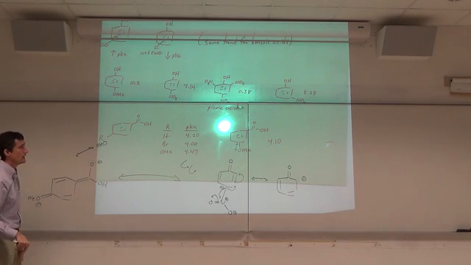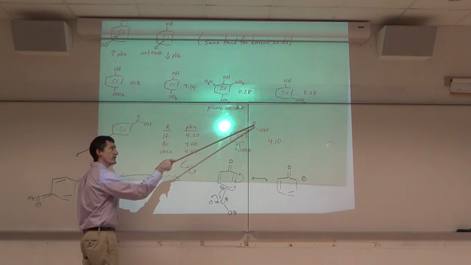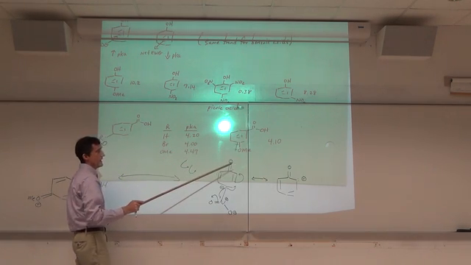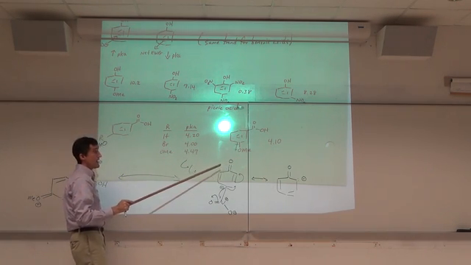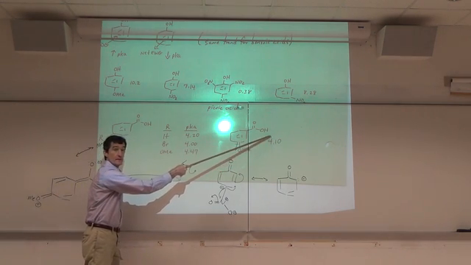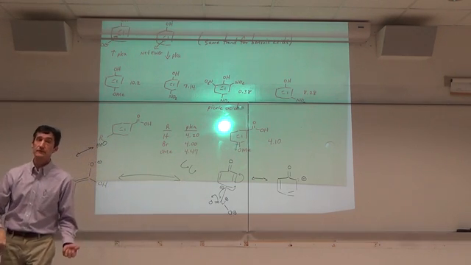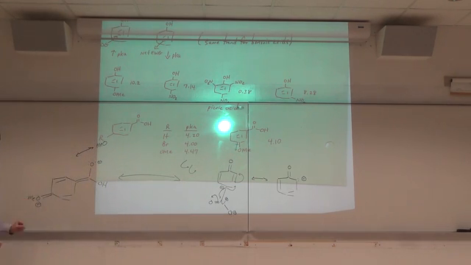So the resonance effect is, yes, it's felt in the ring, but it's never felt onto the carbonyl. And apparently, why do we say apparently? Because there's the number. There's the fact right there. Apparently, the withdrawing of the oxygen is the predominant effect with the meta-methoxy.